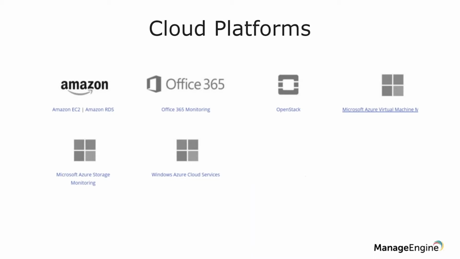So under cloud platform, we monitor Amazon, Microsoft Azure, and Office 365, OpenStack. Where we monitor the EC2 instance, RDS, S3 bucket. Application Manager, Microsoft Azure Monitor enable user to discover virtual machines and monitor them. You can also monitor the health and performance of your Azure storage account.